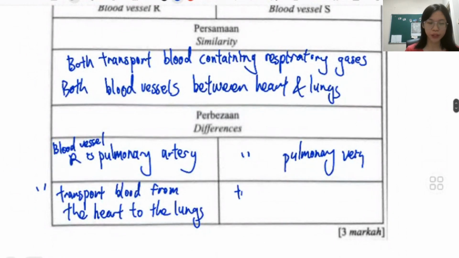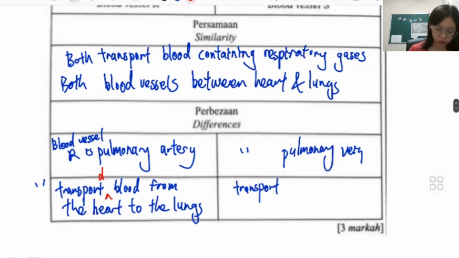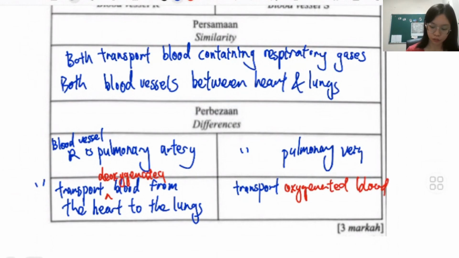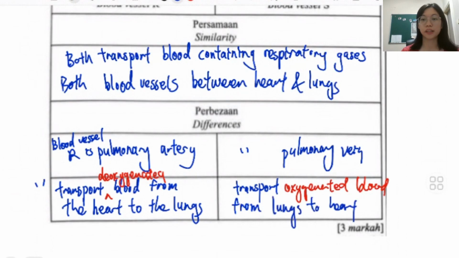Sometimes if you can't remember, you can see it from the diagram. But if you want to be specific, you can add on: transport deoxygenated blood, and this one transports oxygenated blood from lungs to heart. So these are the differences and similarity between them.